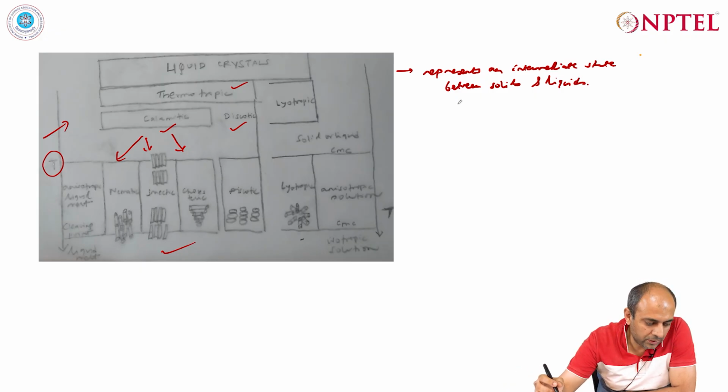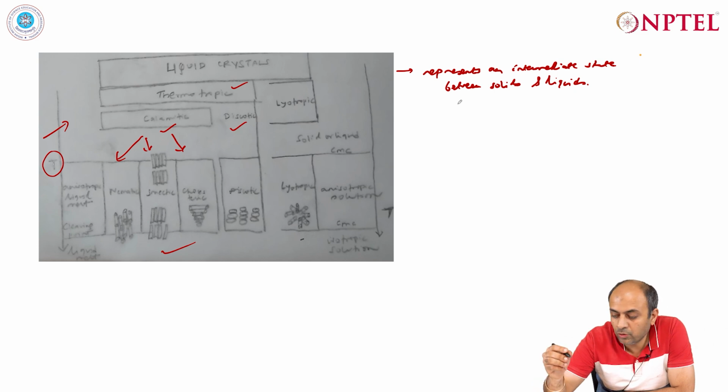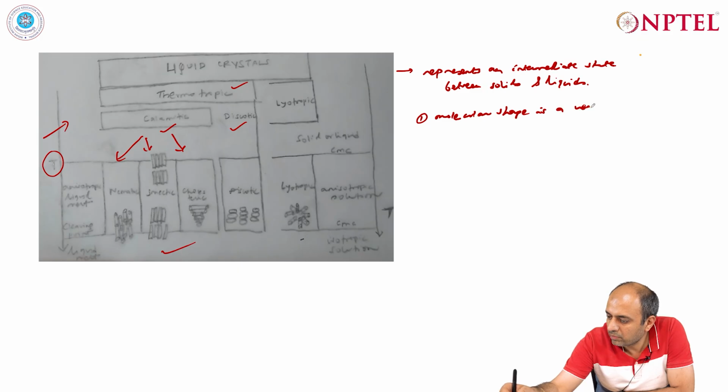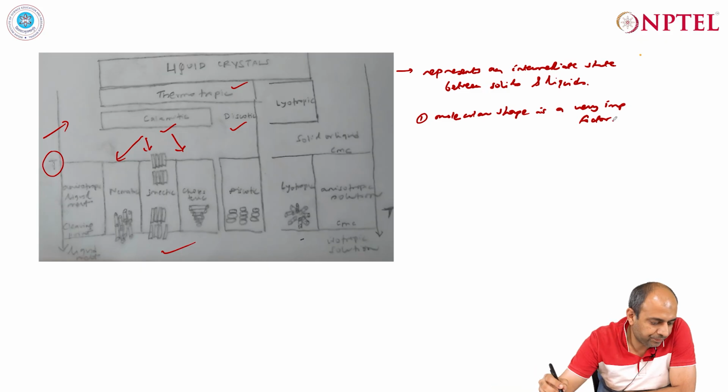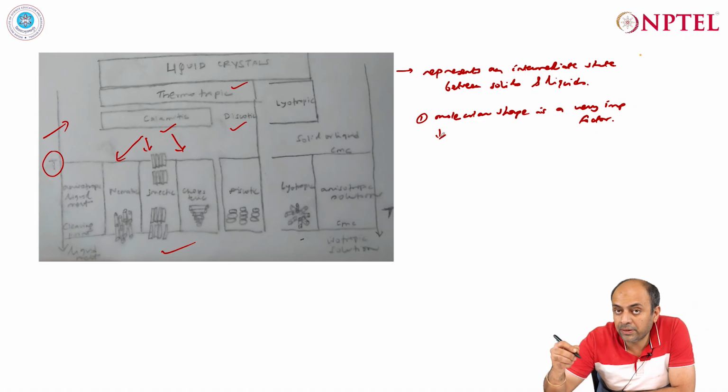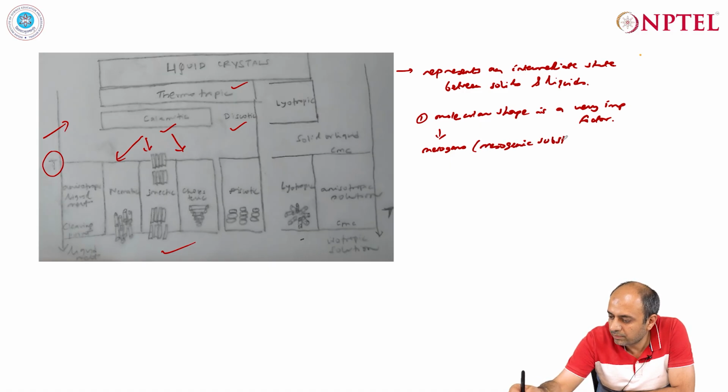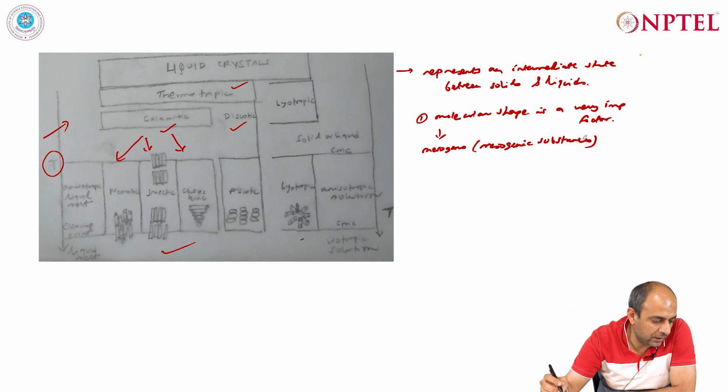And it has been observed that generally for the molecules that form liquid crystals, number one, molecular shape is a very important factor, and these kinds of molecules which exhibit liquid crystal-like behavior are referred to as mesogens or mesogenic substances.